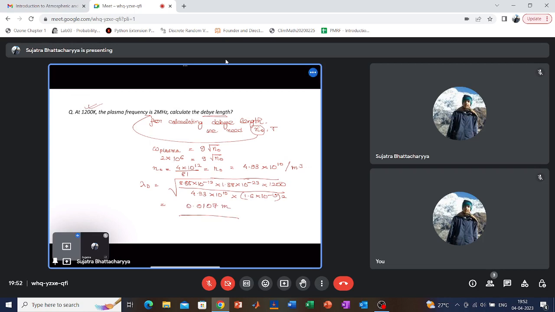Another thing is the mean collision time kind of thing which is there in the plasma. So I just want to tell some formulation. Just remember this. Some extra may be helpful in solving the assignment.